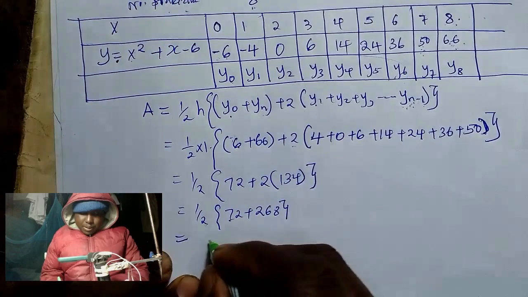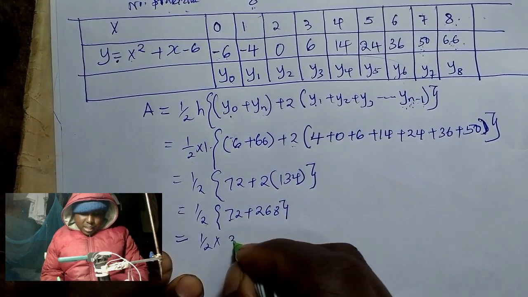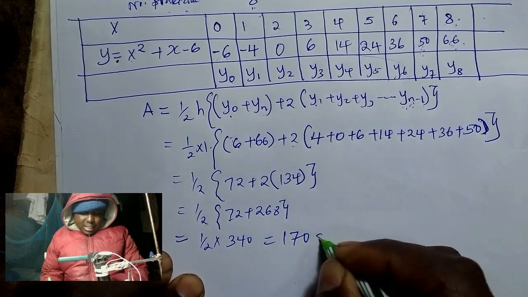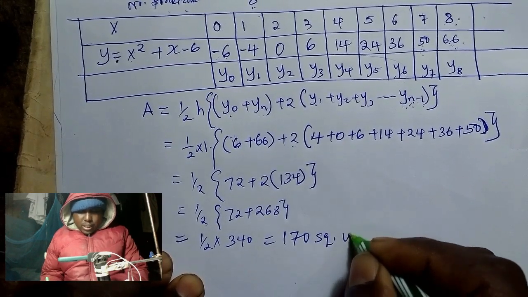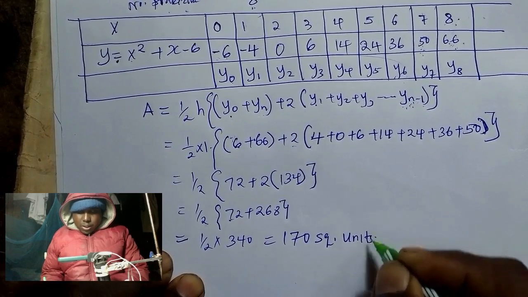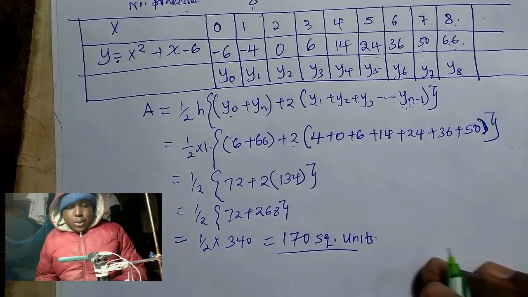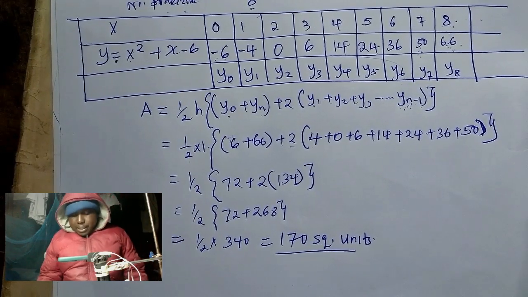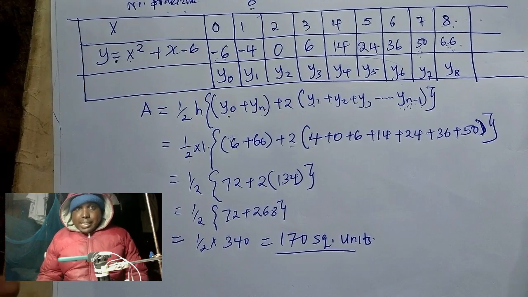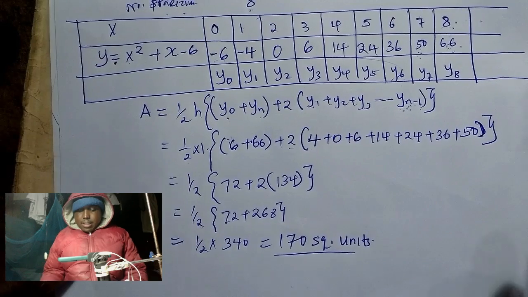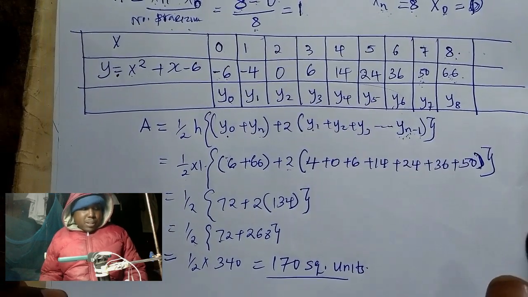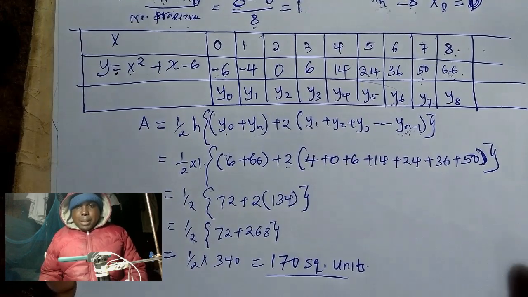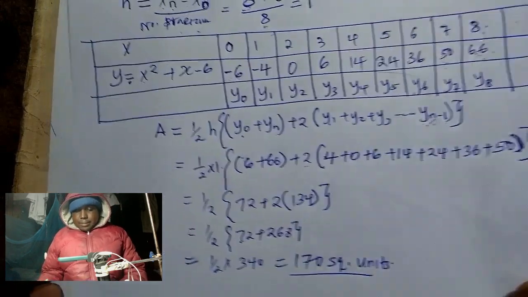And this one will be a half times 340, which will give us 170 square units. And that is the area. We have approximated the area using the trapezium rule. I want to do one more example on the trapezium rule, and then we do another example for the mid-ordinate rule.